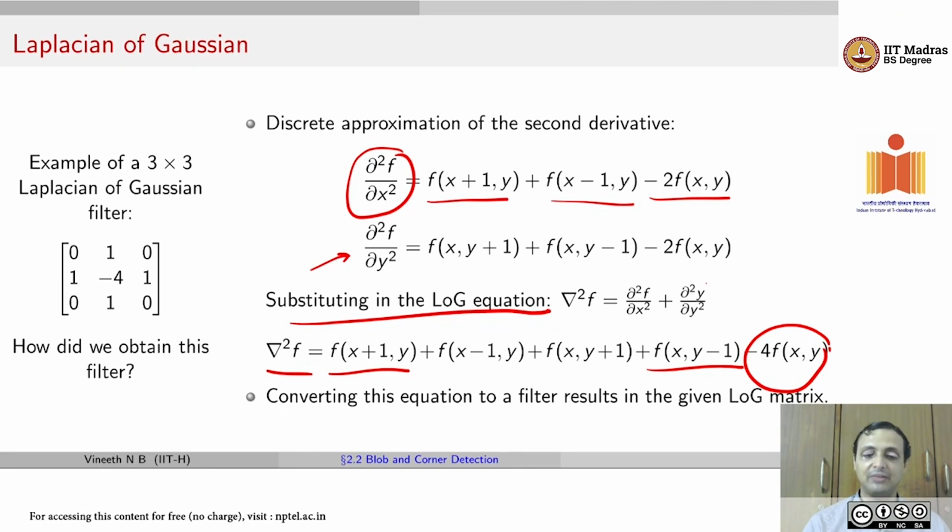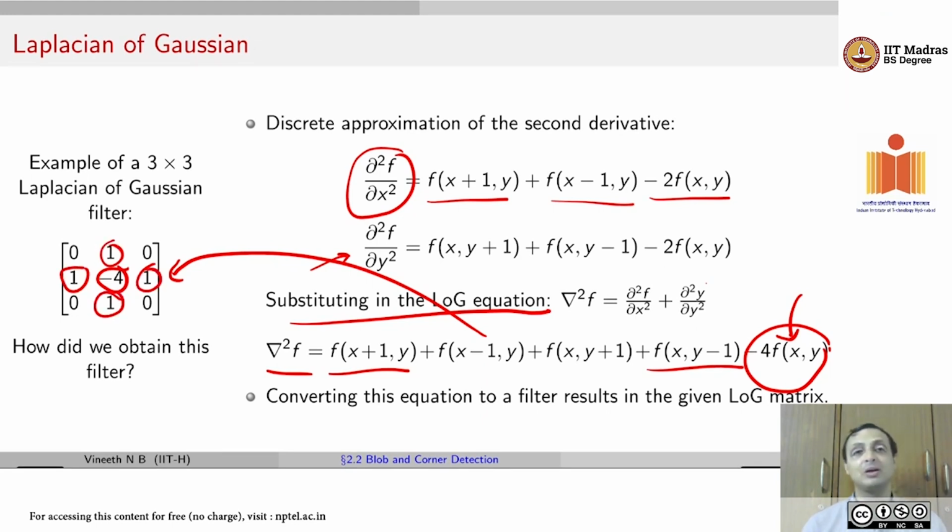This should straight away ring a bell as to why you got this kind of a filter. Remember, at f of x, y, the coefficient is -4. At its neighbors, x plus 1, x minus 1, and similarly y plus 1, y minus 1, the coefficient is 1. So this simply came from taking an approximation of the gradient.